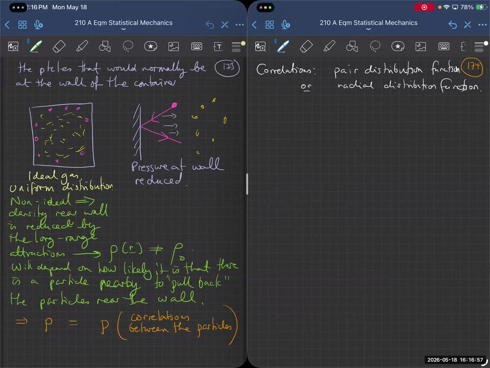So the basic idea is that in an ideal gas, the atoms, the particles, are completely independent.